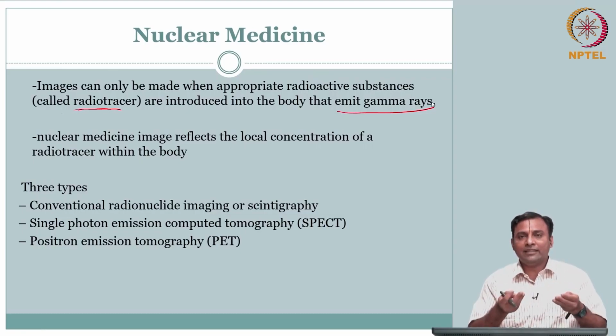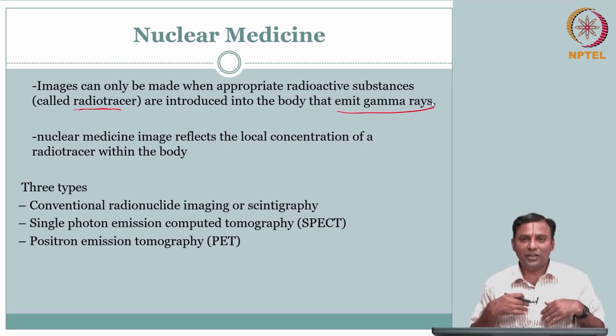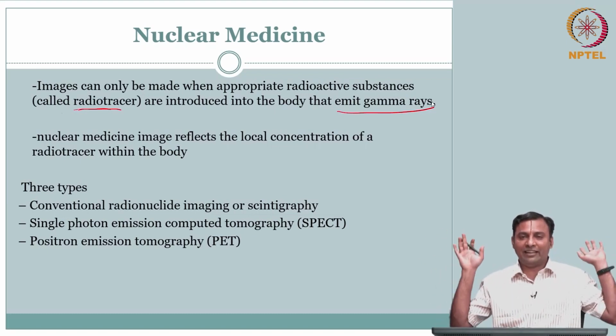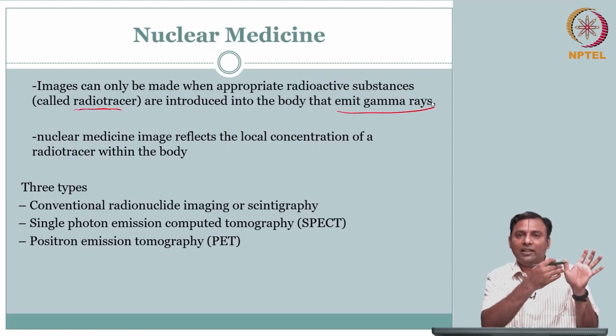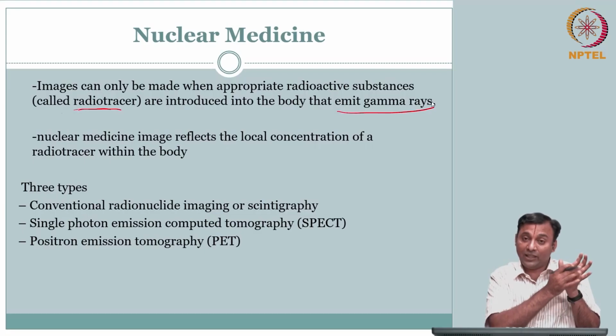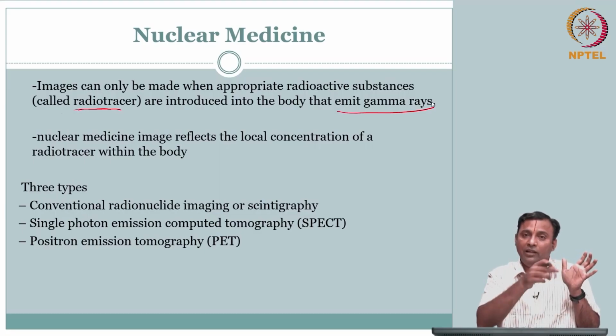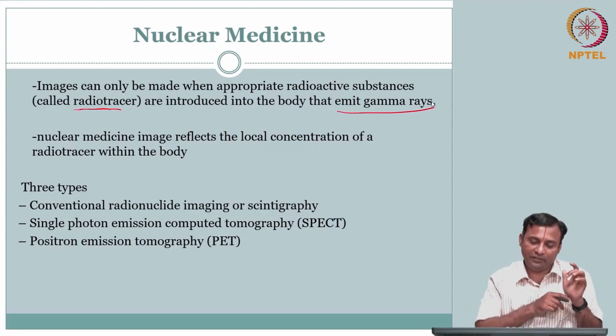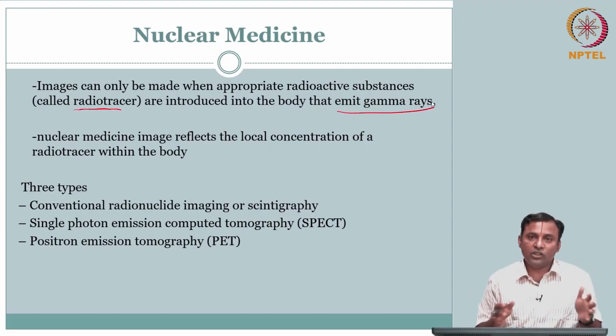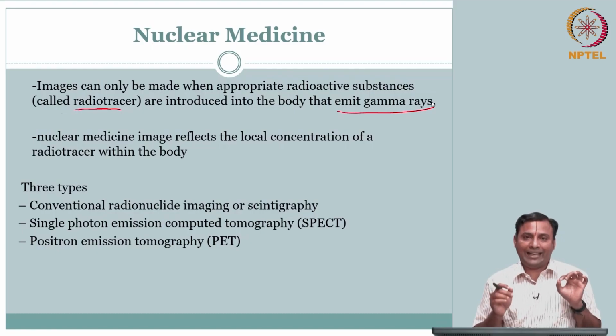So essentially you are sending the signal source inside your body, you have a detector that is surrounding, and you catch the radioactivity that is coming out. Then you do the tomographic calculation and you say, oh, I got so much activity and it came from this particular location, right? So your image is going to tell me which location is how active.